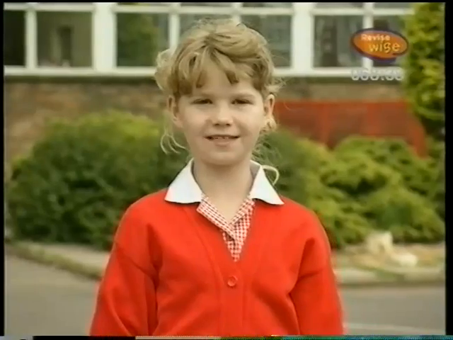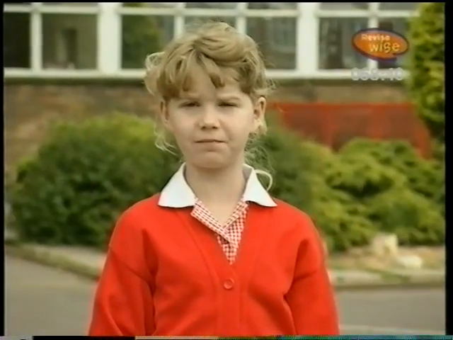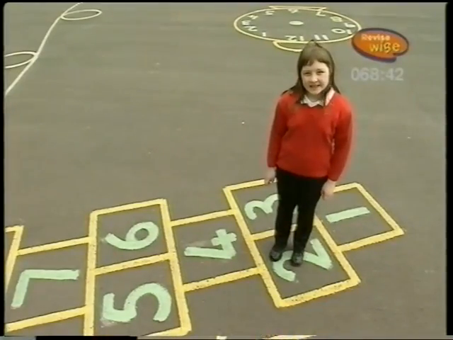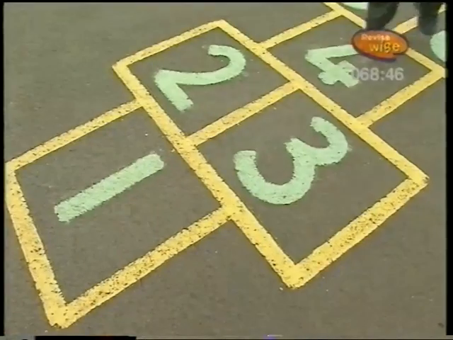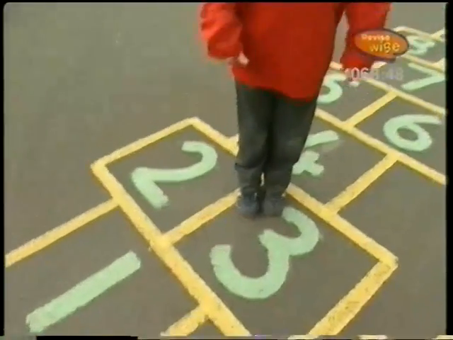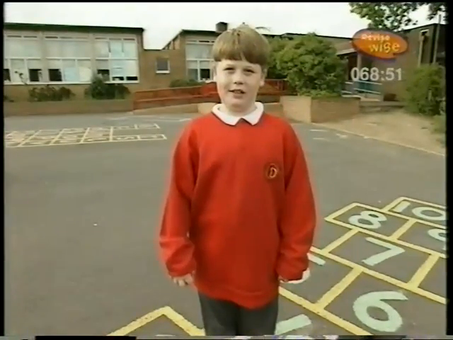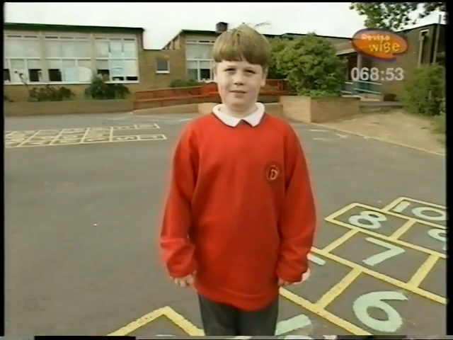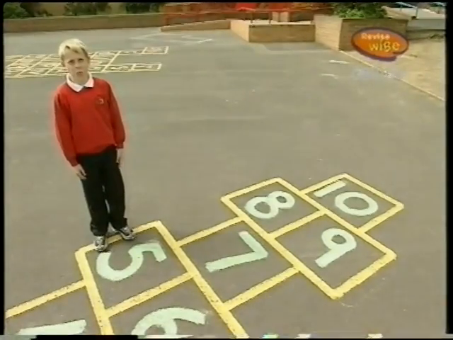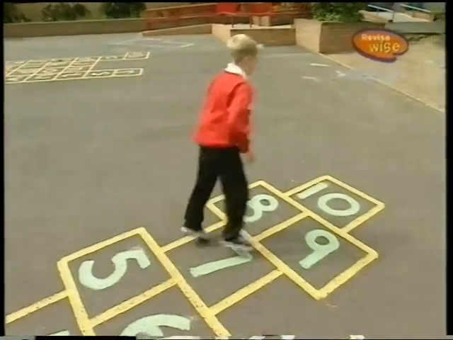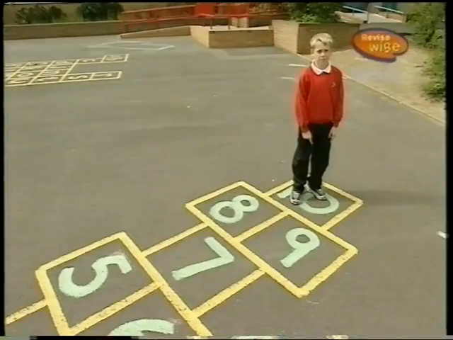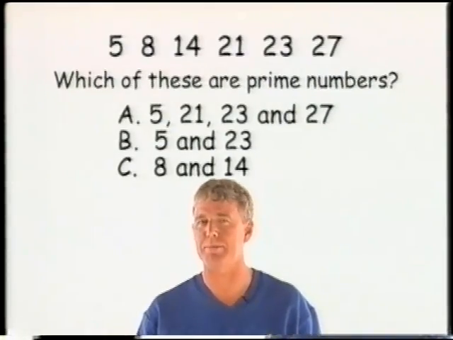There are shortcuts to find out if some numbers divide into other numbers. A number is divisible by 2 if it is even. A number is divisible by 3 if the sum of the digits is divisible by 3. A number is divisible by 5 if its last digits are 5 or 0. What's your answer this time?